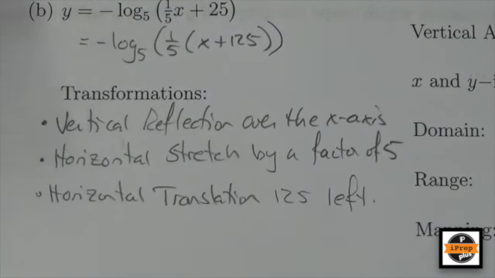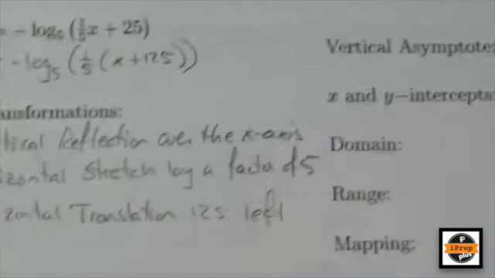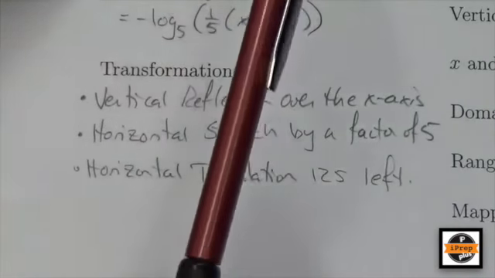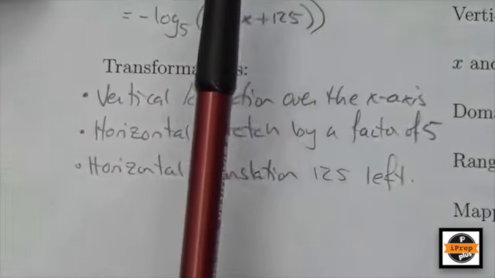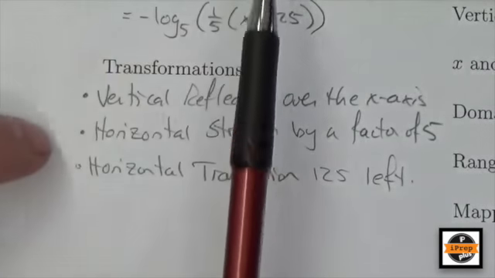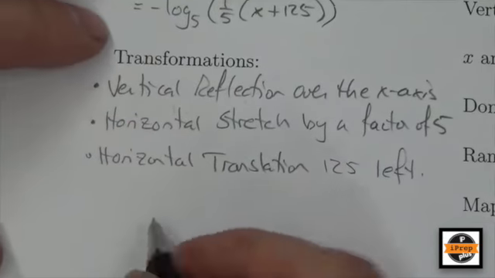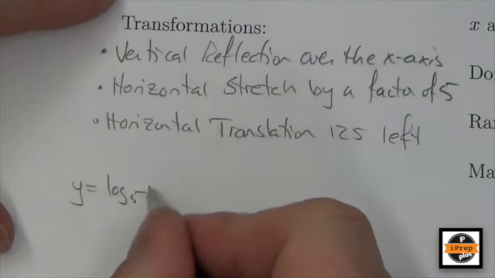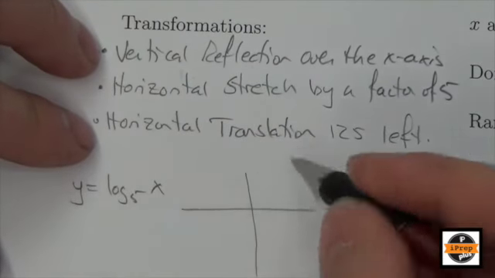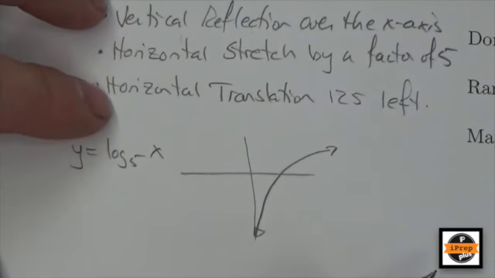Now, let's think about which of these is going to change the vertical asymptote, because that's the first question we're being asked here. Well, a vertical reflection will not affect a vertical line. It's just going to flip it like this. Now, a horizontal stretch also will not change this. The reason is that for y equals the log base 5 of x, the original function, that vertical asymptote is the y-axis.